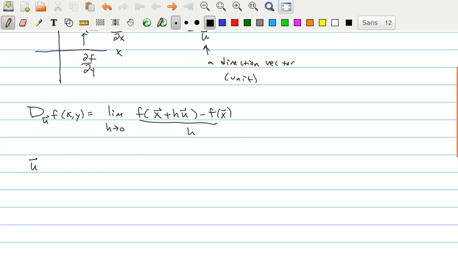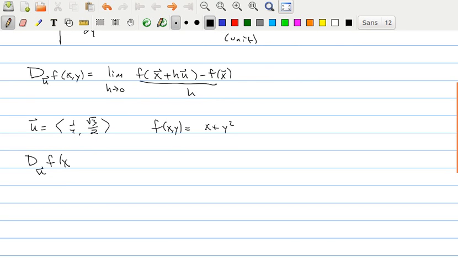Let's say we have u is the vector (1/2, radical 3 over 2), and our function is, let's say, x plus y squared, and we want to know the directional derivative of f in the direction u. So what we have here is the limit as h goes to 0. Now our function is x plus y squared, but what we're adding to this, let me write it out.